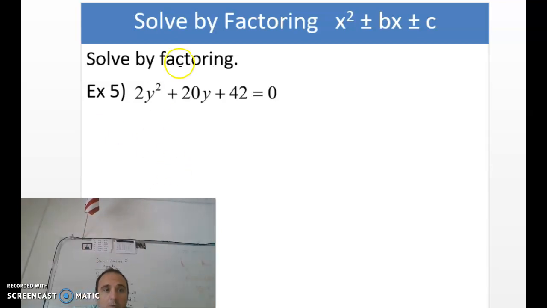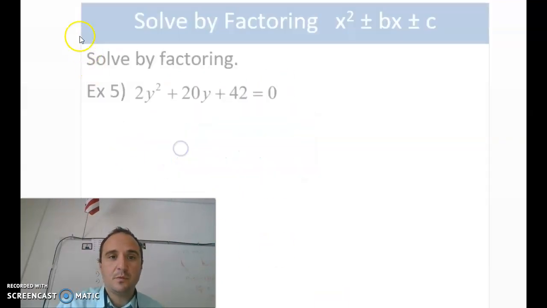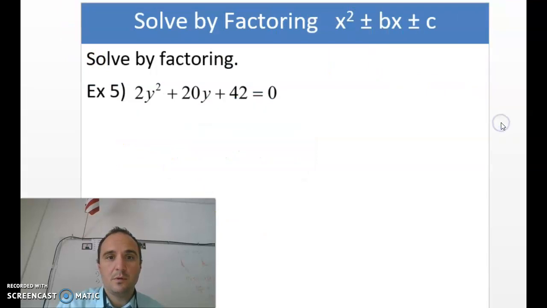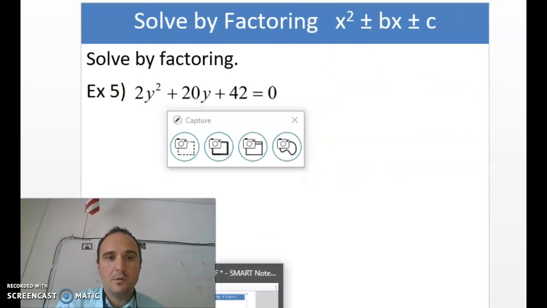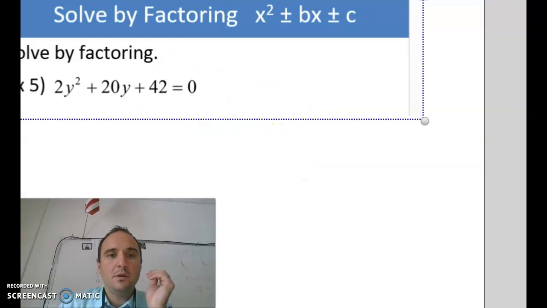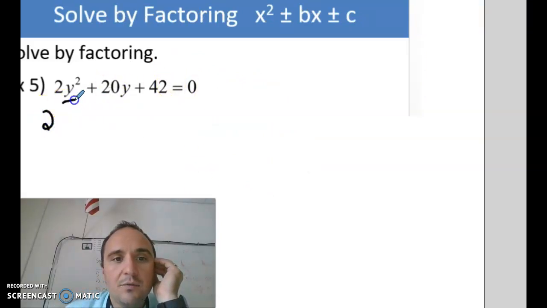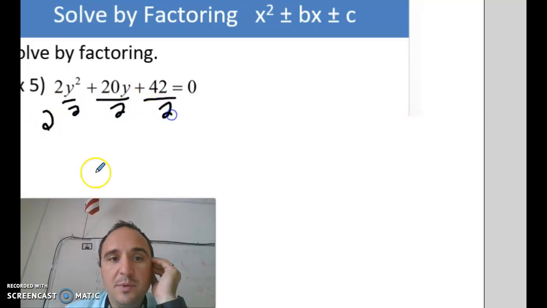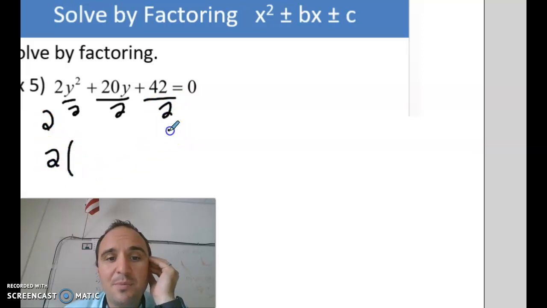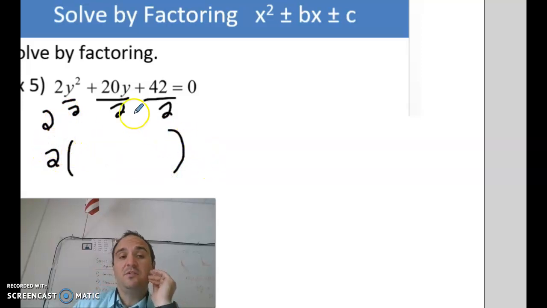So the first thing you would do is take these and say, oh, I can take a 2 out of this, out of this, and out of this, out of A, B, and C. So you take a 2 out, but you have to do the opposite of the distributive property and literally put a 2 on the outside of parentheses.